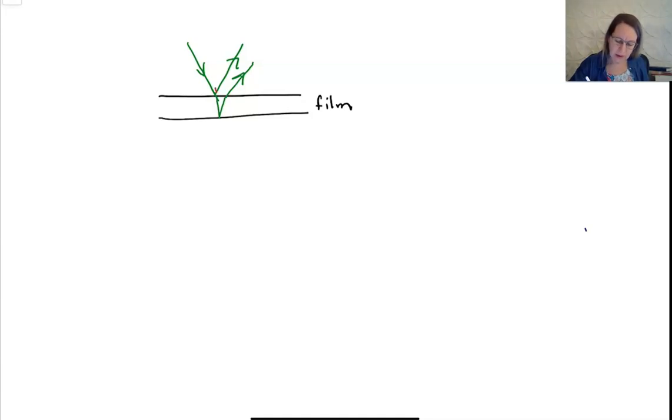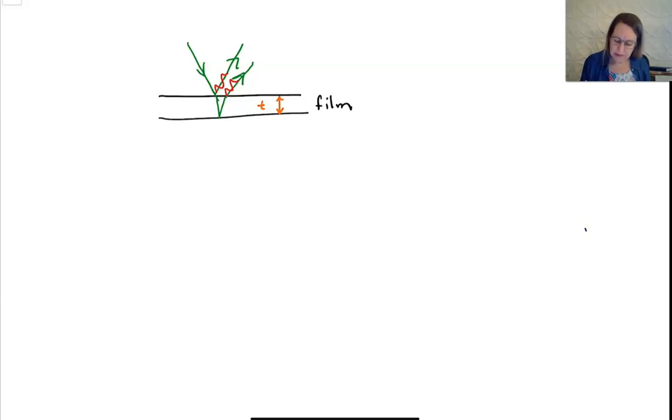And if they are again in step, once they bounce through, then they're going to constructively interfere. And if they're out of step, they're going to destructively interfere. And so we can set up the condition based on the thickness of the film and the wavelength in the material, right?